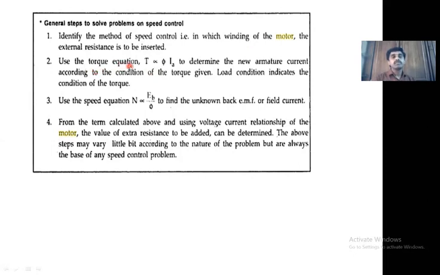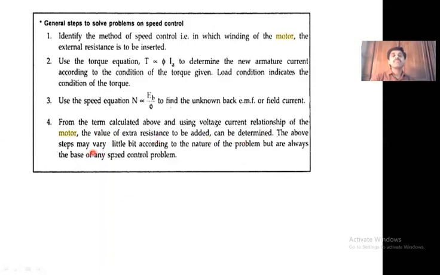Use the torque equation T equals phi into Ia to determine the new armature current according to the condition of the torque given. Load condition indicates the condition of the torque. Use the speed equation N proportional to Eb by phi to find the unknown back EMF or field current. From the terms calculated above and using the voltage-current relationship of the motor, the value of the extra resistance to be added can be determined.